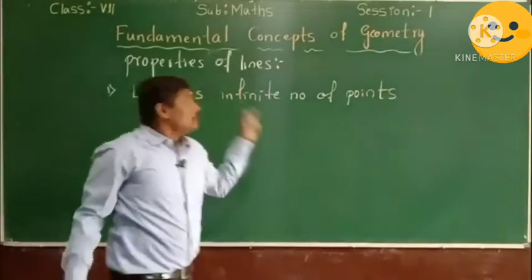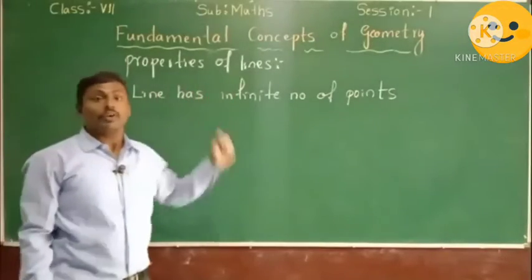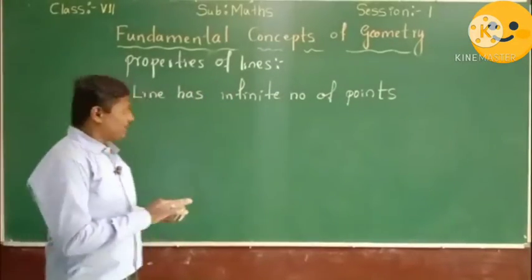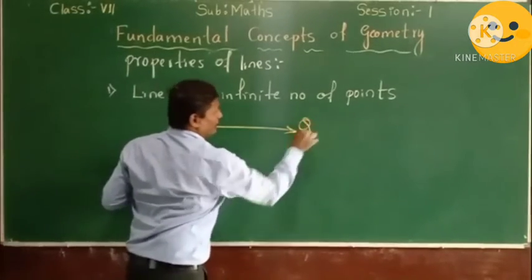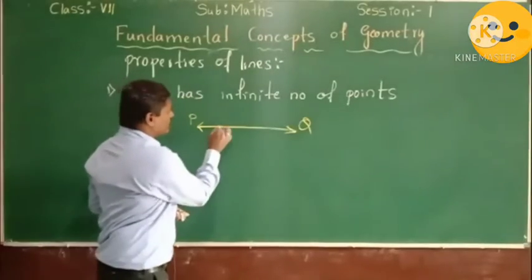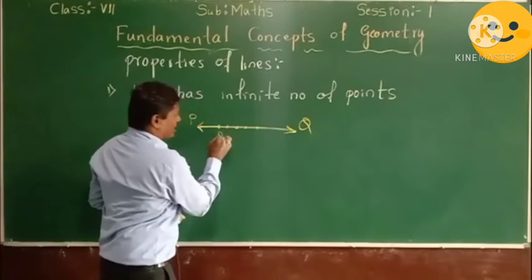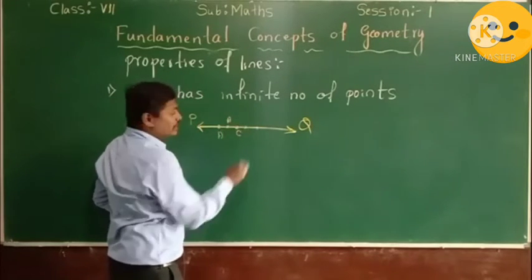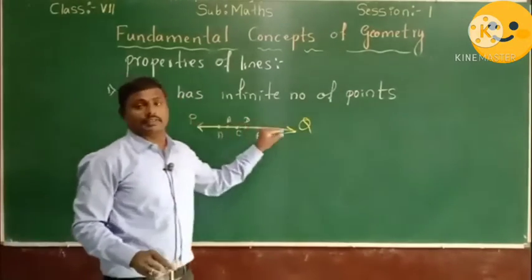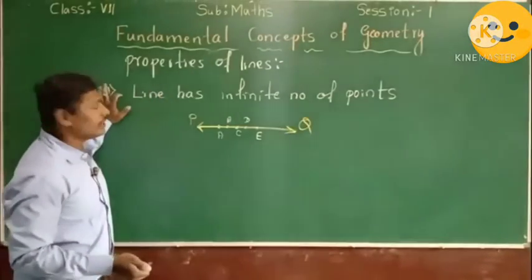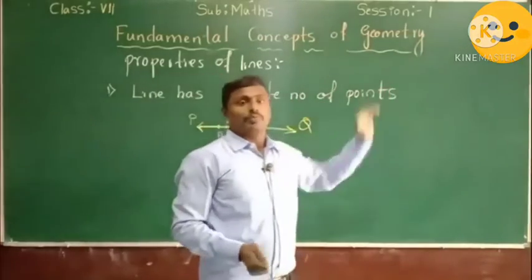As you already know from the definition, a line has infinite number of points, because we cannot count those points, right? PQ is a line. It is formed by infinite number of points: point A, point B, point C, point D, point E. We cannot count these points. That's why the first property is that a line has infinite number of points.